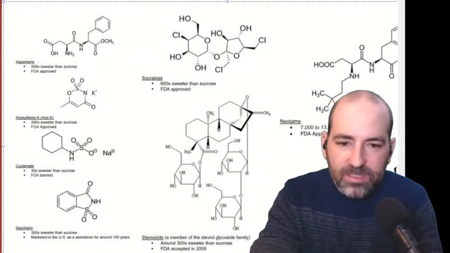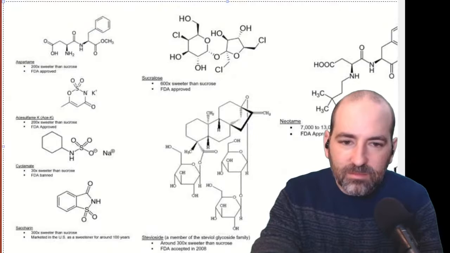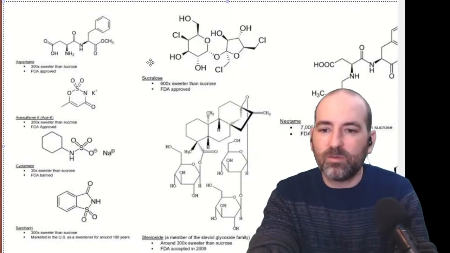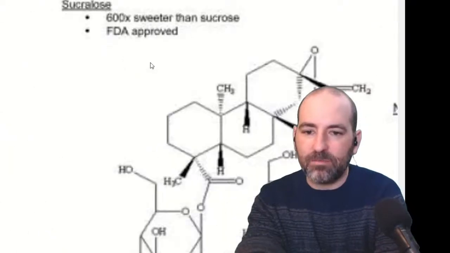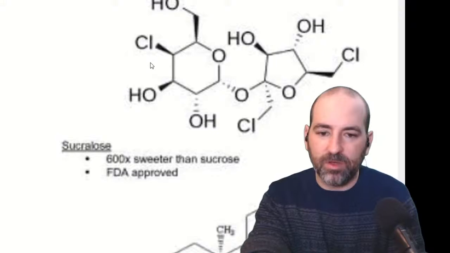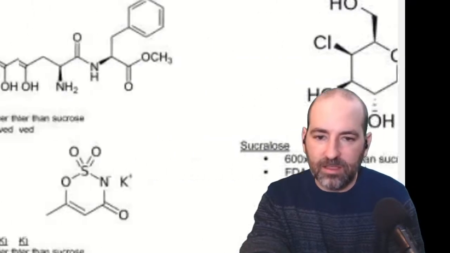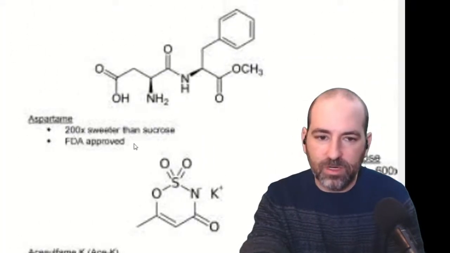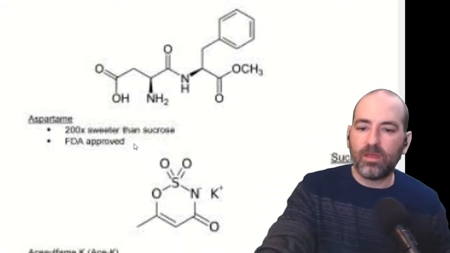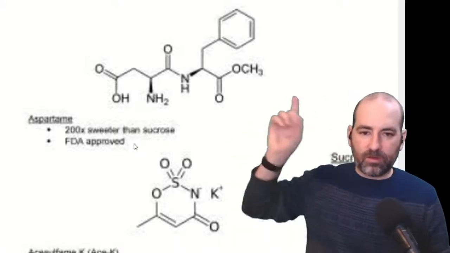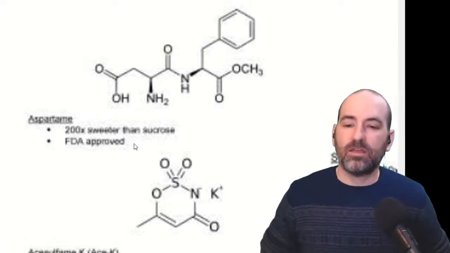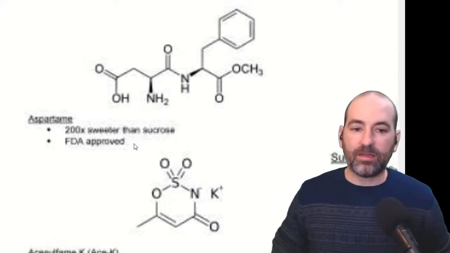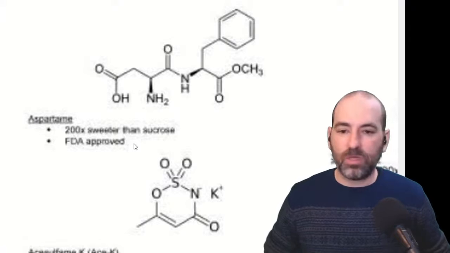All right, so it looks like the text is a little bit blurry, but hopefully you can see it. I'll move around here. We'll start with aspartame, because that, I believe, is just being surpassed now by sucralose, but for a long time that was kind of the king of these non-nutritive sweeteners. Aspartame is this structure right up here. It is 200 times sweeter than sucrose, and it is also known as Equal or NutraSweet.